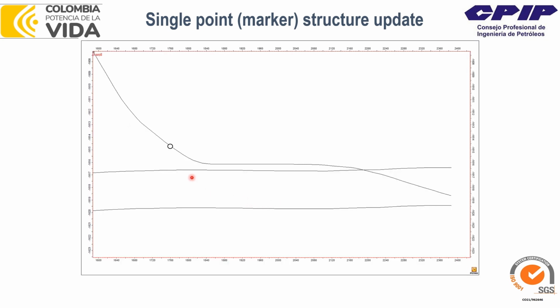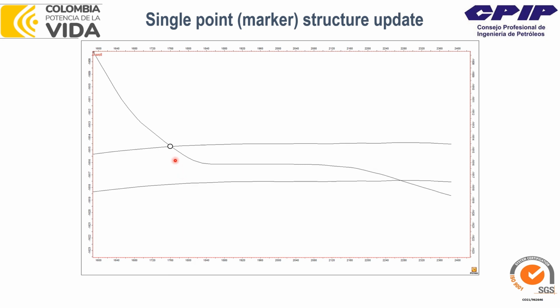If we move the structural surfaces based on one well top, as is normally done when you drill slant, J-type, S-type or horizontal wells, once you get a new point you just update your surface based on that. I will prove on the next slide that in our case this is not the most efficient way to update the structural surface.